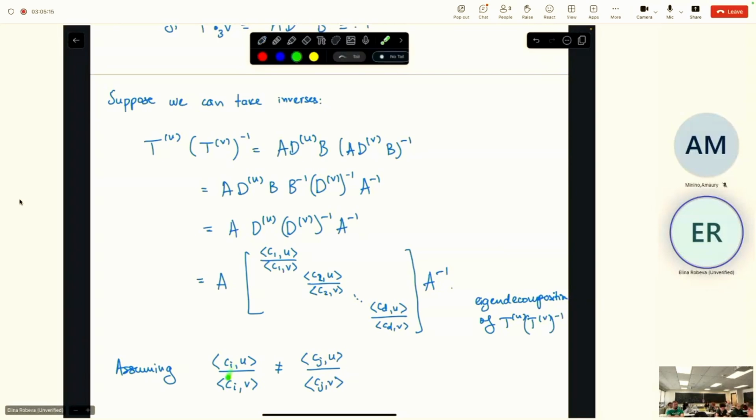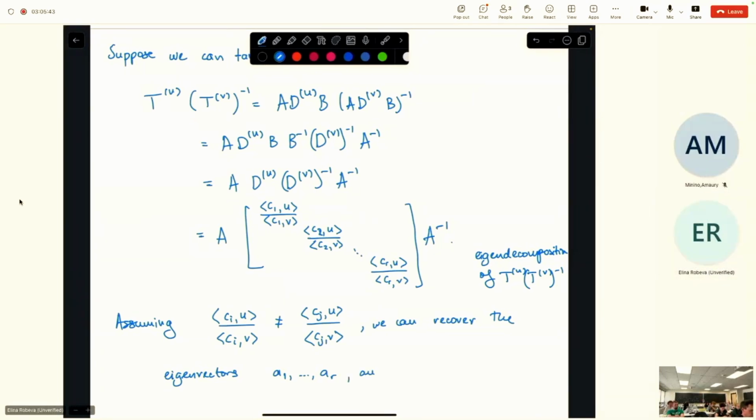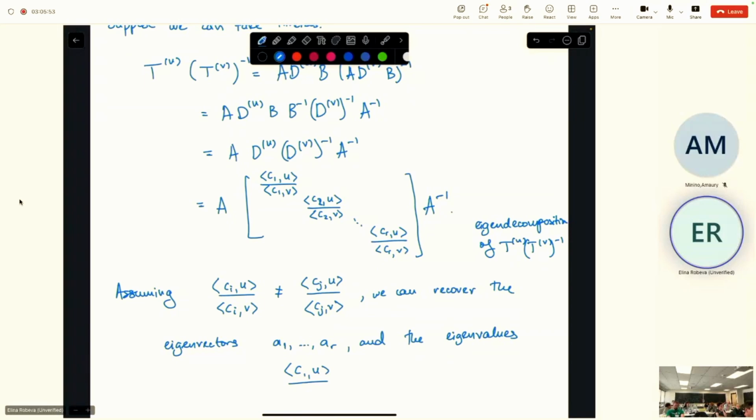And assuming that my eigenvalues are distinct, we can recover the eigenvectors a_1 up through a_r, which are the columns of A, and the eigenvalues c_1·u over c_1·v through c_r·u over c_r·v.